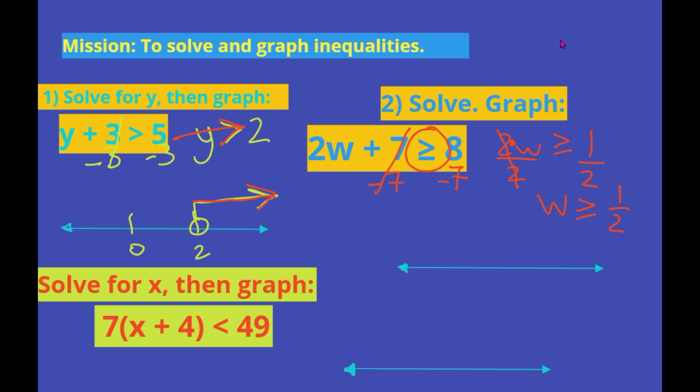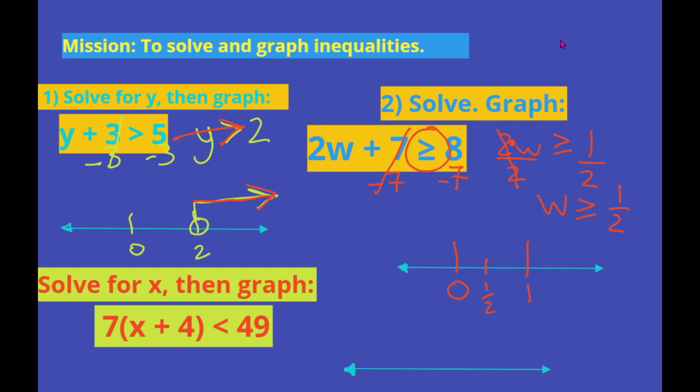Oh no, 1/2. What are we going to do? Well, I'm going to start with putting my 0 on here. Whenever I have fractions, I like to put a 1 on there. Remember, all proper fractions live between 0 and 1. They live in this world right here. 1/2's the easy one. It's right in the middle. 1/2. Okay, so now I know where 1/2 is, and now let's follow the rules.